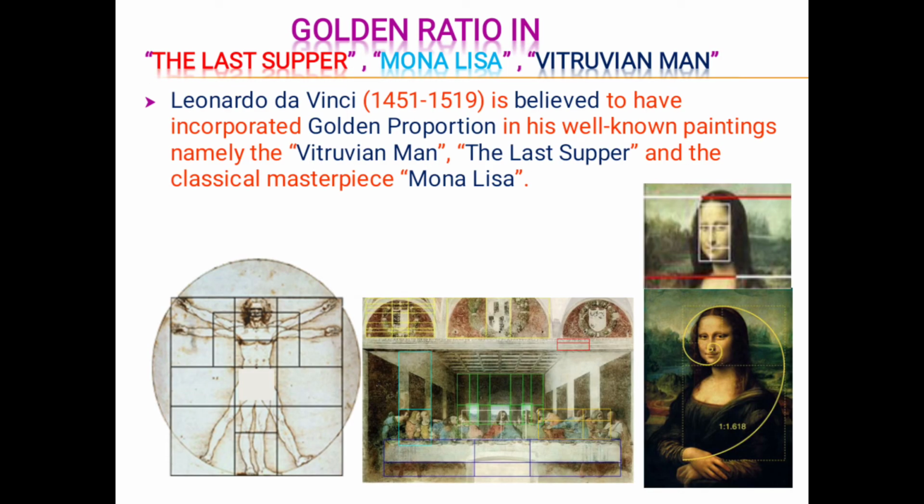So proportions are already found in famous diagrams, that is, pictures. Here we can consider three paintings: Vitruvian Man, The Last Supper and Mona Lisa. In those paintings, they were constructed based on the golden ratio, and only then did they become famous for their finding.